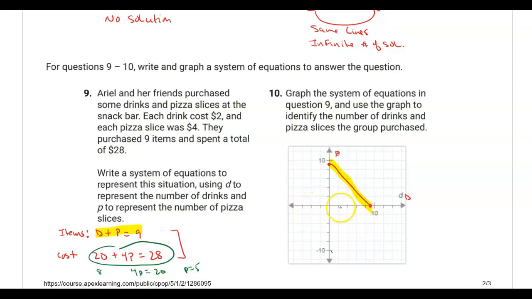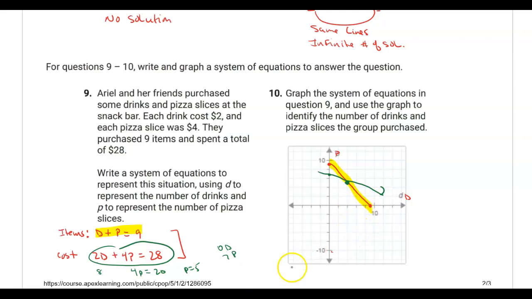So (4, 5). Then the next one would be, say I bought 0 drinks, it's $4 per slice of pizza, so it'd be 7 slices of pizza. So (0, 7) would be that equation. And if I graph the line, it would be here.